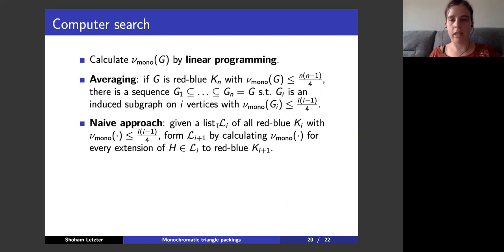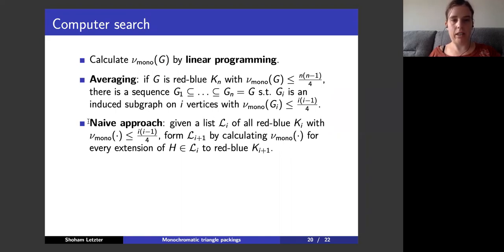Given a list Li of all possible red blue Ki's with small packing number, to find the same list for i plus 1, I just need to calculate the packing number for every example which is formed by taking something from this list and extending it by one vertex.